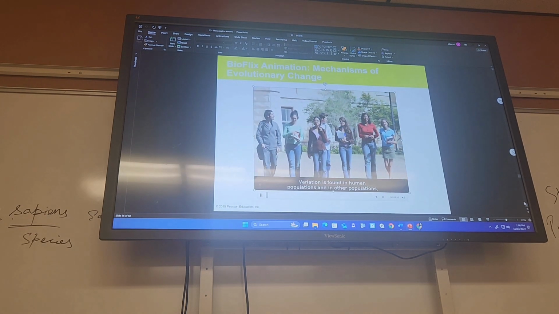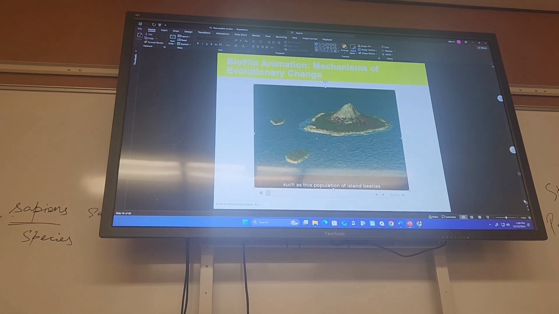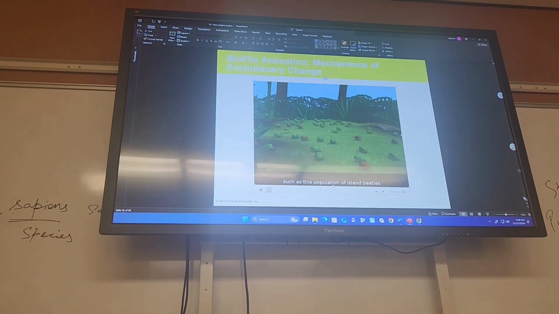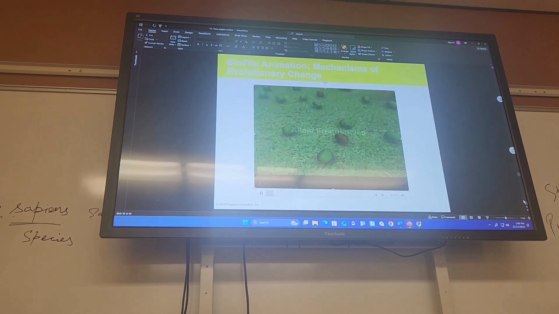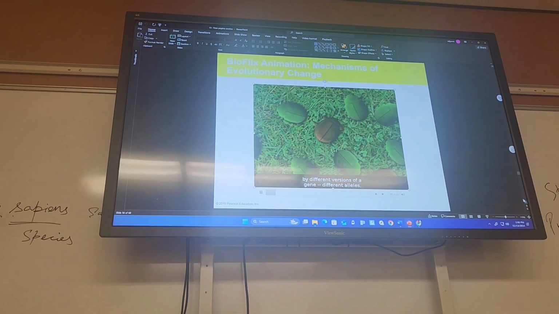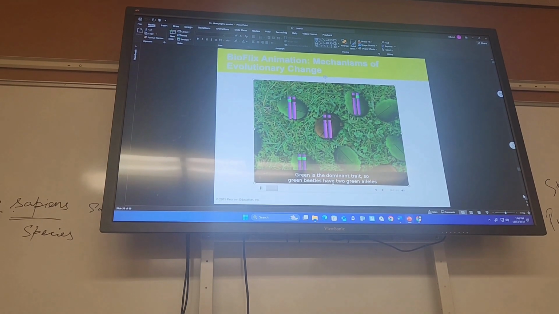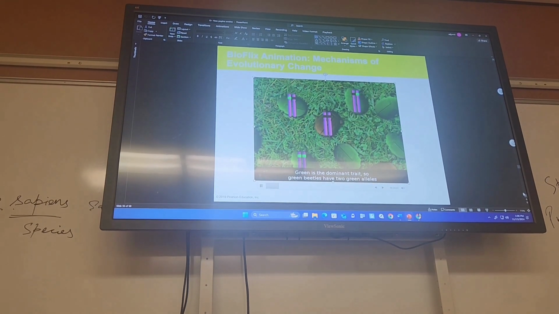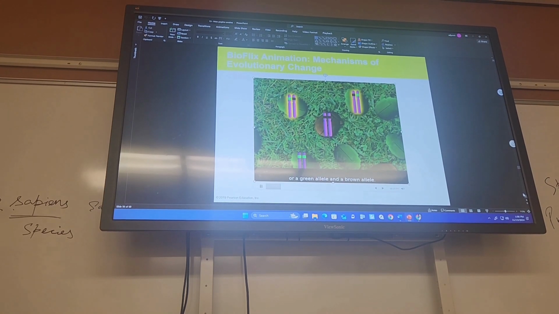Variation is found in human populations and in other populations, such as this population of island beetles. Color in these beetles is determined by different versions of a gene, different alleles. Green is the dominant trait, so green beetles have two green alleles, or a green allele and a brown allele.